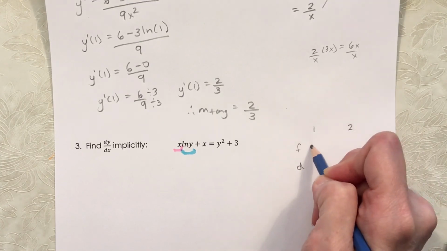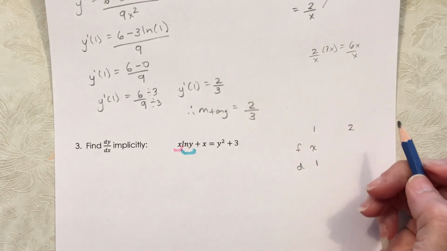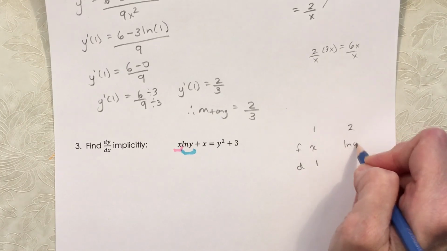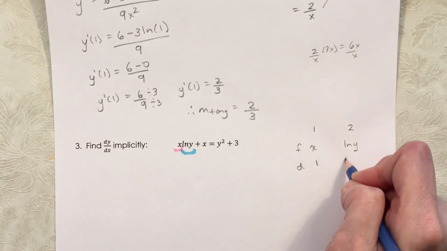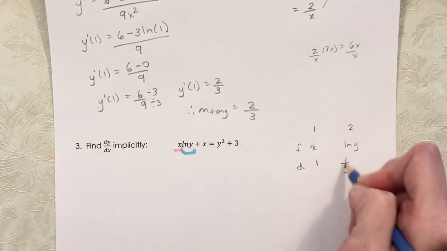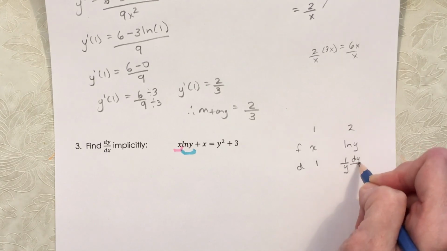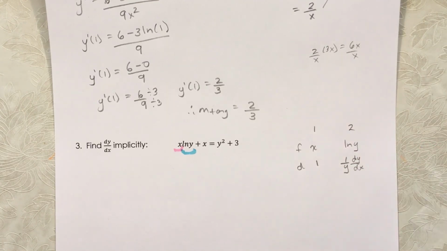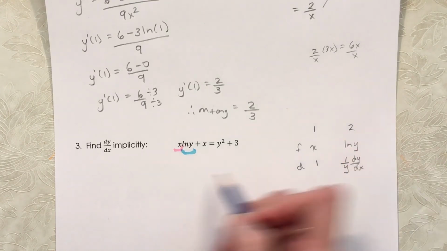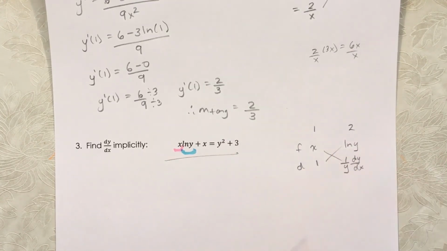So our first function is x, derivative is 1. The second function is the ln of y. The derivative is 1 over y, but be careful because we're talking about y. We have to multiply that by dy by dx. So if we're deriving it, we're going to start off with the product rule for that first term there.